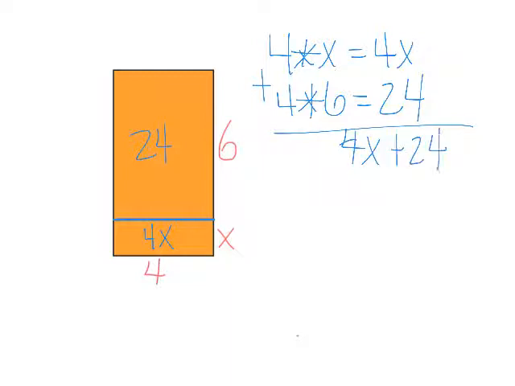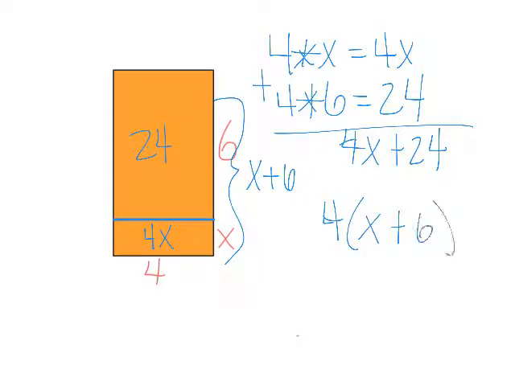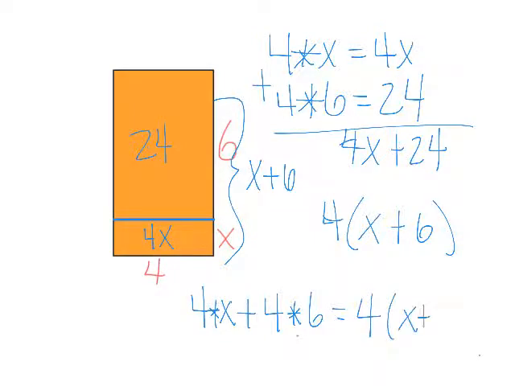Remember, I can't combine them any further. Or I can first add this side together, which is x plus 6, so I have 4 times x plus 6. So what we're saying is that 4 times x plus 4 times 6 is the same as 4 times, in parentheses, the quantity of x plus 6.